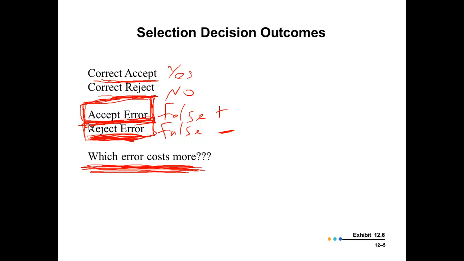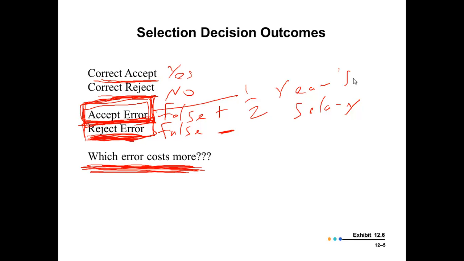They tend to say somewhere around half a year's salary is the cost of accept errors. So if a manager's making $50,000 a year, an accept error, just saying yes to the wrong person, costs $25,000. So accept errors are very expensive, reject errors very cheap.